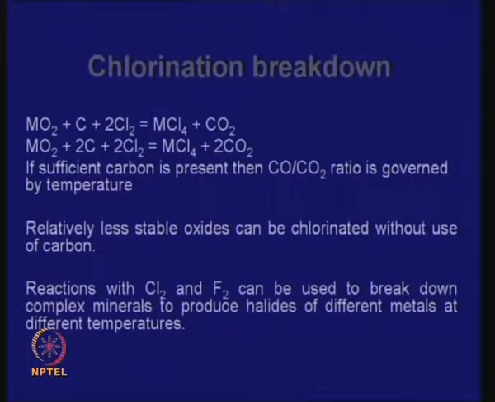Now, if there are many metallic values, one can control the chlorination temperature and or partial pressure of chlorine to recover one metallic value at a time. Means you take out metal 1 as a chloride first, then you change condition, take out another metal as another chloride, either vapor or liquid, and 3, 4 can be taken out from a mixture of several chlorides.